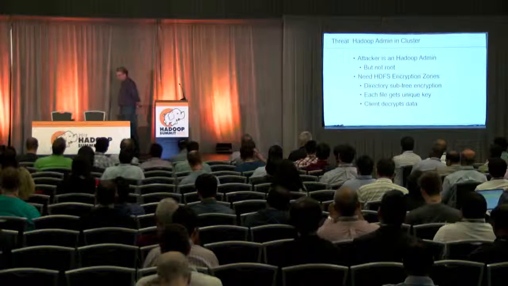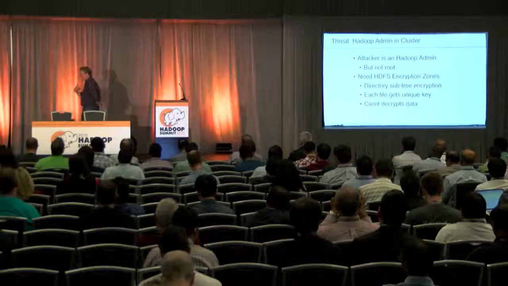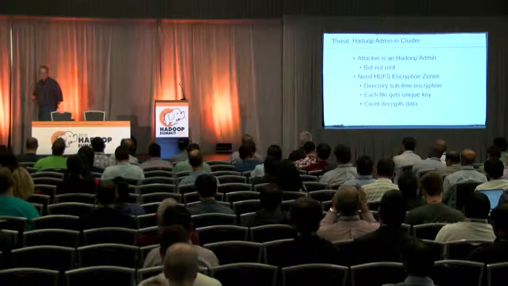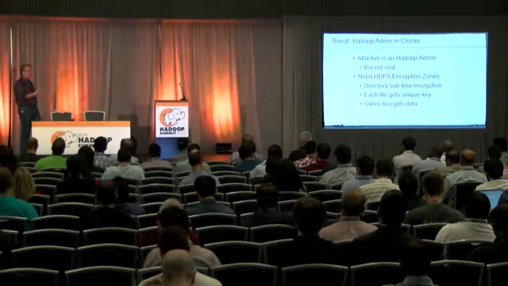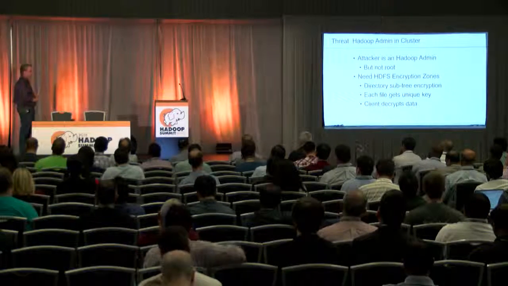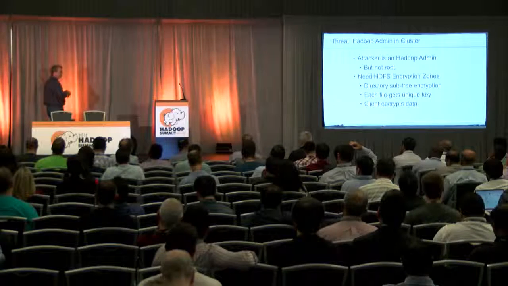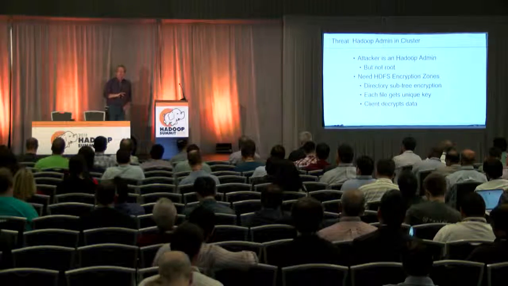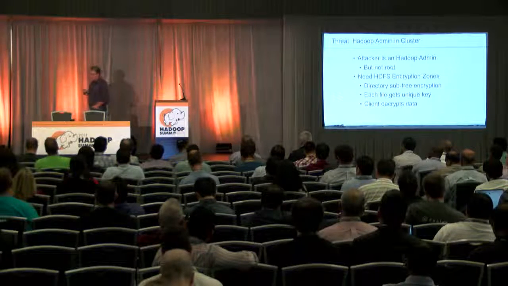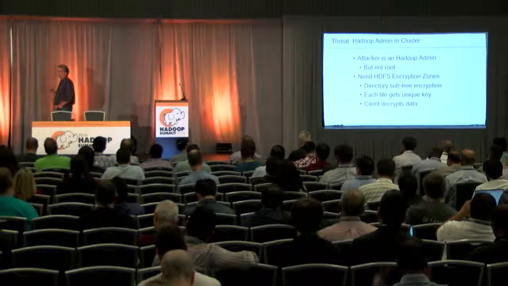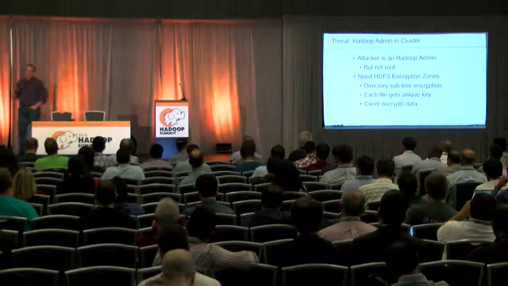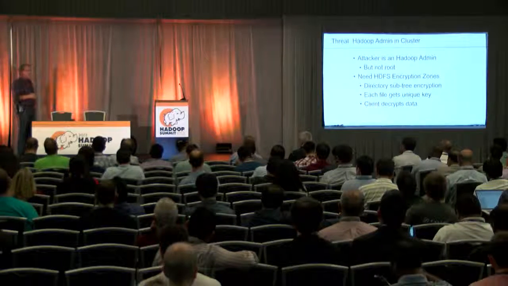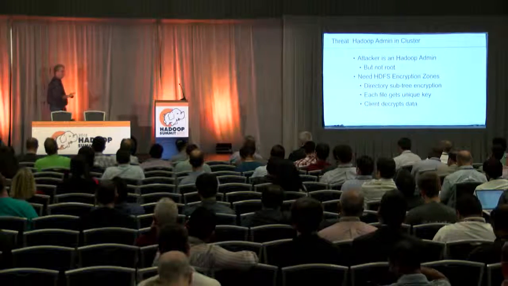That means that the user still has high throughput because they're decrypting the data themselves rather than pushing all the data through a single service. Hadoop, one of the things it's really good at is streaming a lot of data very fast. So that any solution that requires all the data to go through a single point is going to fail.